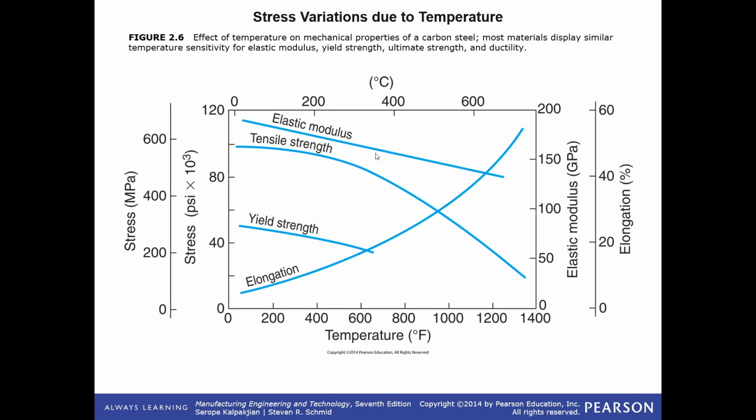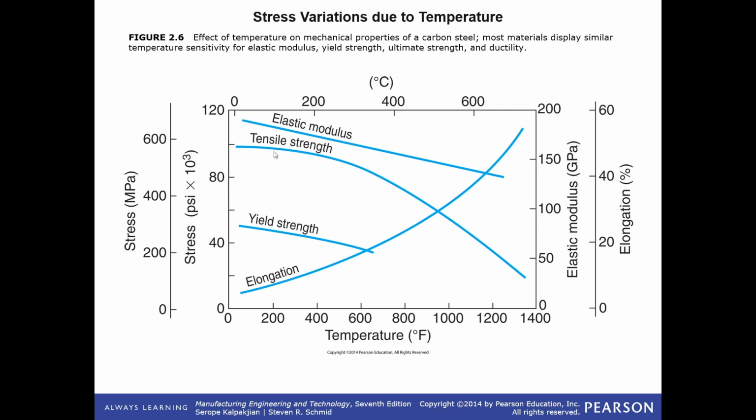Thinking of it as yield strength might be a better one to look at. That yield point, where the elastic modulus ends, our yield strength will actually tend to go up, but our elongation goes down. So what we end up getting is less stretching, right? We might get a little bit higher yield point, but then things are going to break very quickly.